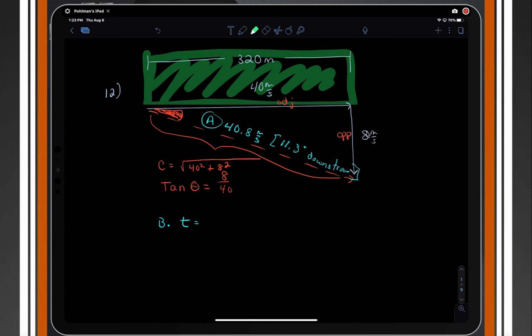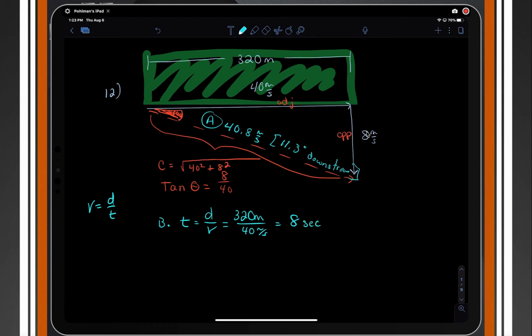All right, so we can use that formula, velocity equals distance divided by time. And when we rearrange this now, we would just take the distance divided by the velocity, or 320 meters divided by your 40 meters per second. So the time to get across the river is simply 8 seconds.